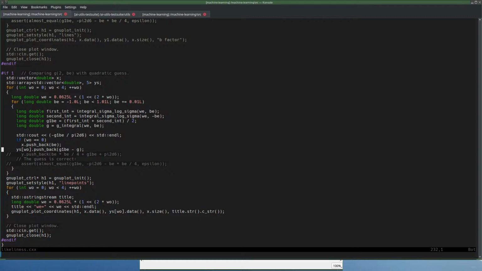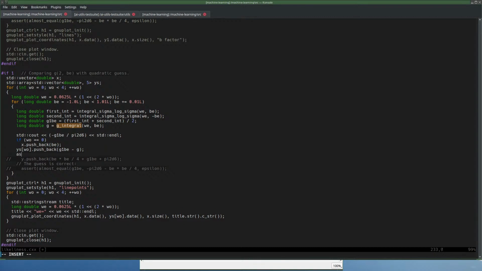Now then, I think I have now the complete integral, which is, let me also add here an assert. Almost equal. Not G1, this is not G1BE. It's the whole thing.